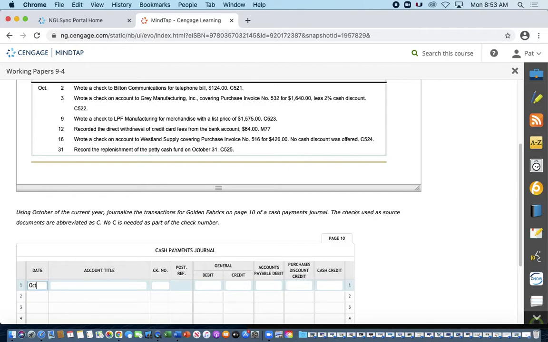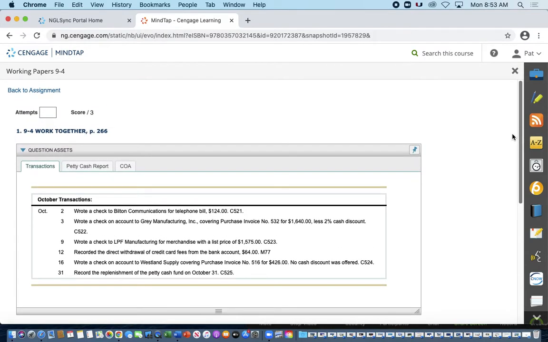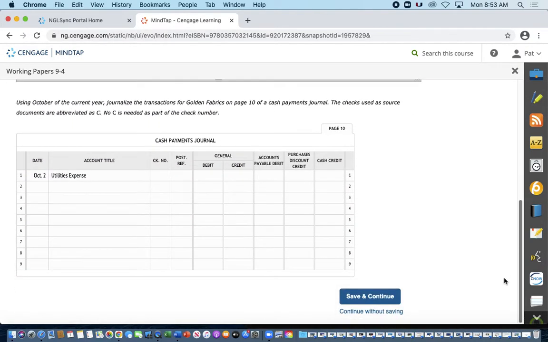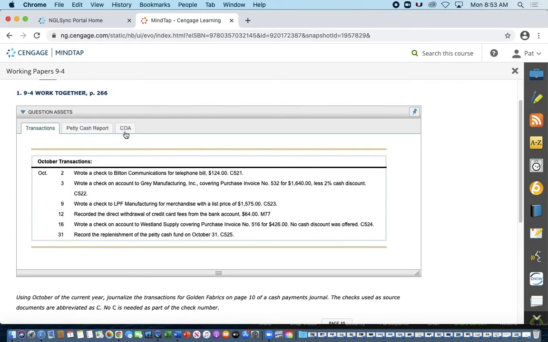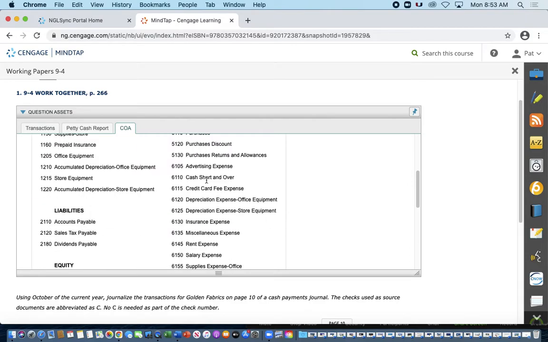And we'll go October 2nd. And we're not going to write it, I got to do a period. We're going to call this utilities expense. And if you wanted to, you can go here because you'd see there's no built-in communications expense.